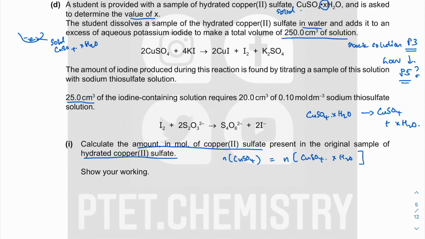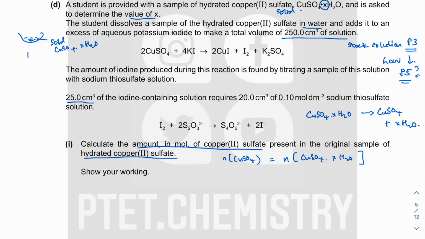So if I want to find this, I can work out that it reacts with this. And if I know the amount of this, I can work out the amount of this, which is the same as this. Then I can work out the amount of this.